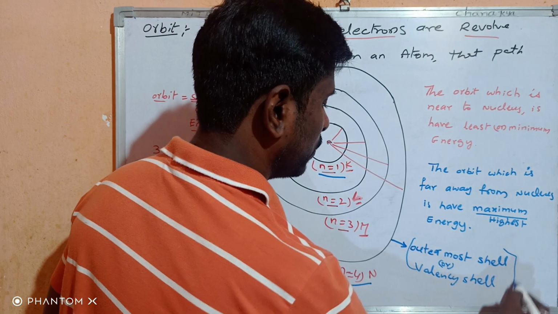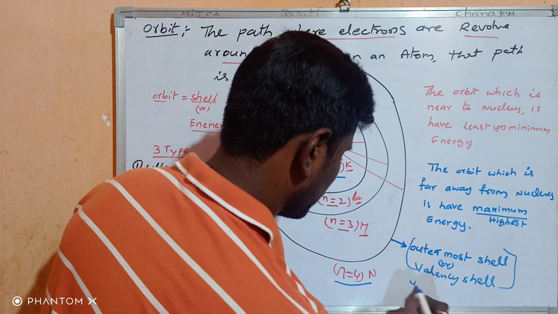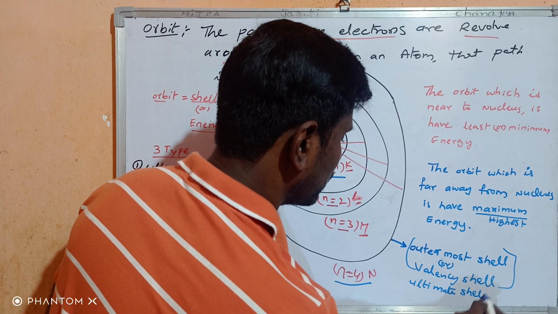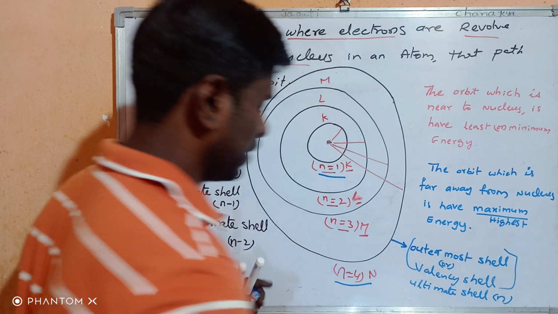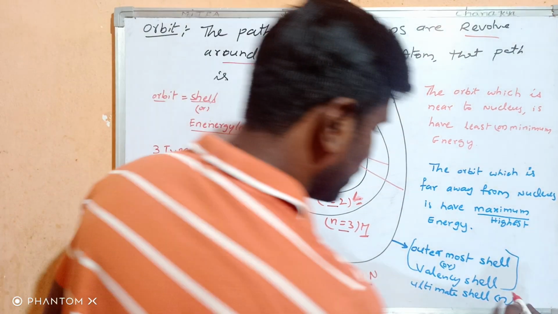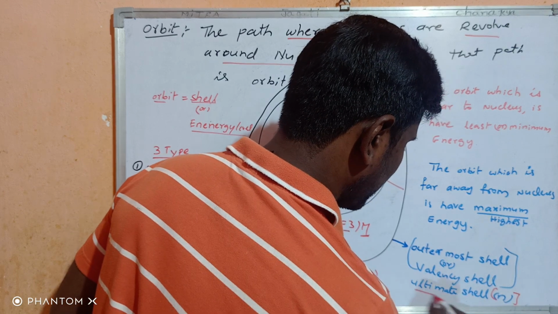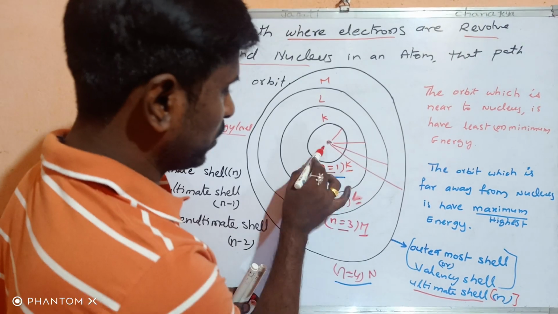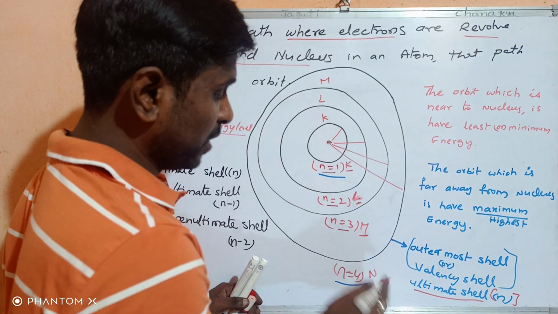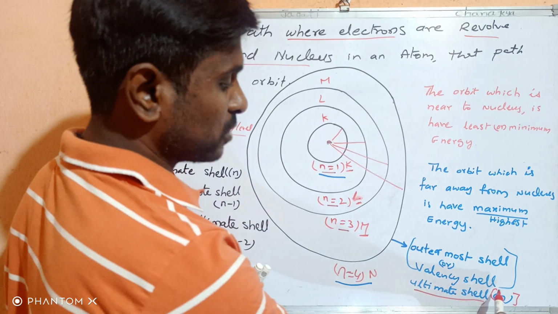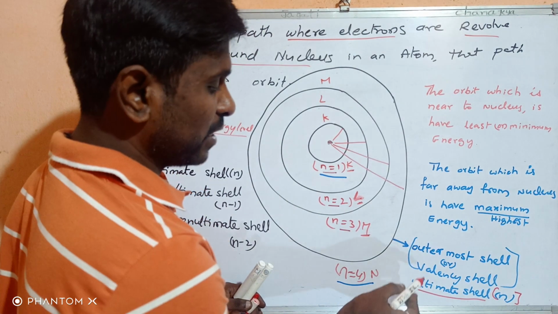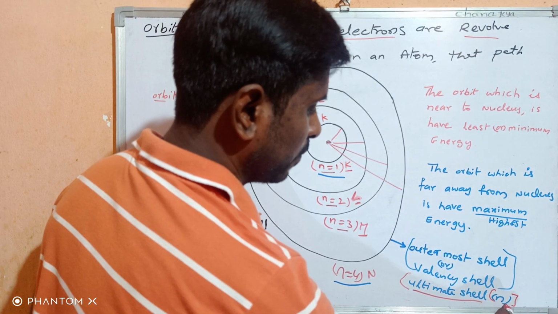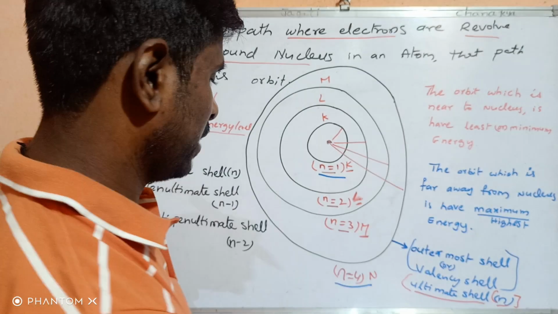It is also called the ultimate shell, indicated by n. Far away from the nucleus means it is n=4. Here in this diagram, n=4 is the outermost shell, the valence shell, simply called the ultimate shell, indicated by n.